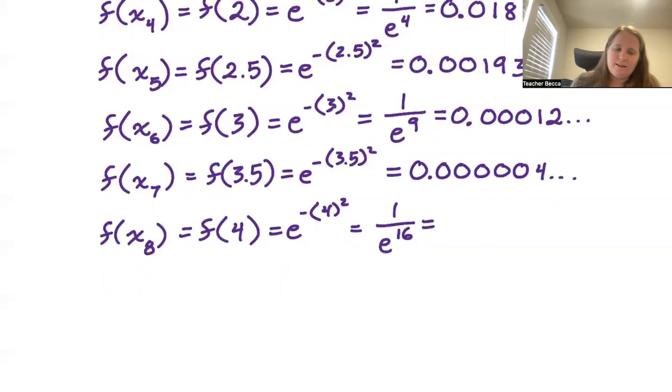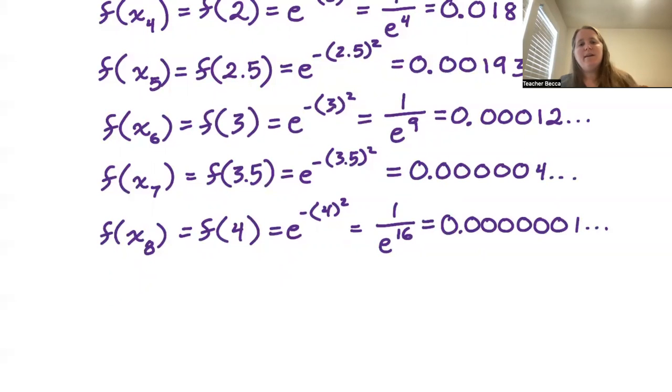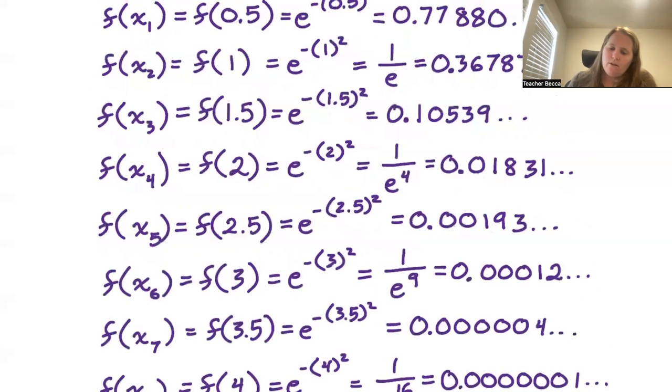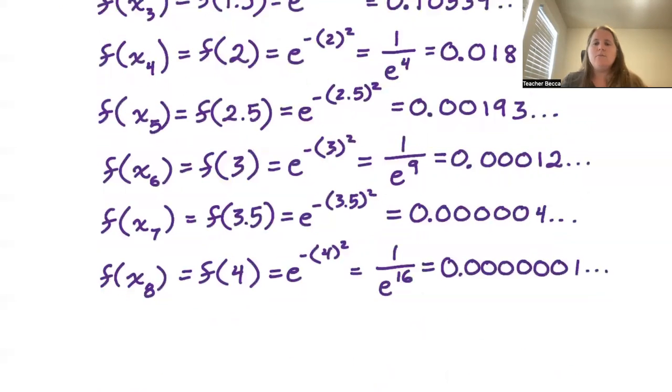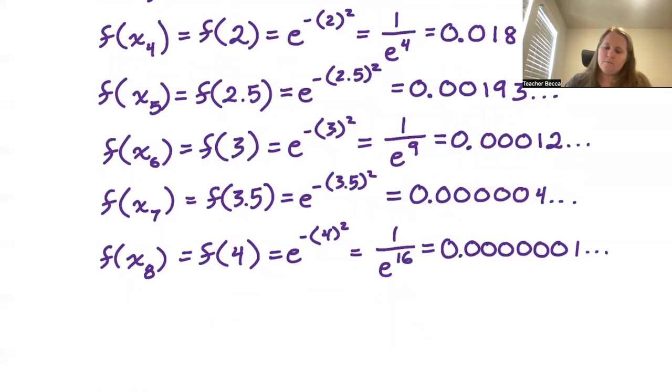And f of x8 will have 0.0000001 and so on. So as you can see, as we make our way towards 4, we're adding on tinier and tinier areas, or heights. So at this point, we have all of our f of x0 through f of x8. From here, we just have to plug into our formula.